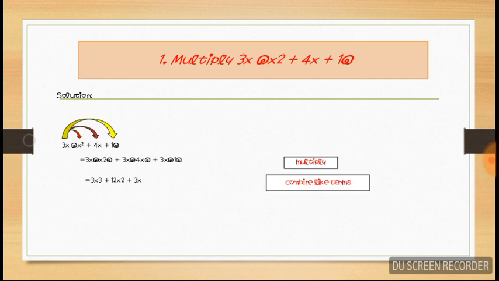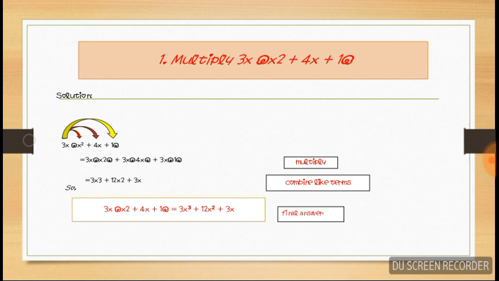In our answer, we can see that there are no like terms. So if we don't have like terms, that means 3x times the quantity x squared plus 4x plus 1 is equal to 3x cubed plus 12x squared plus 3x. And that is our final answer.